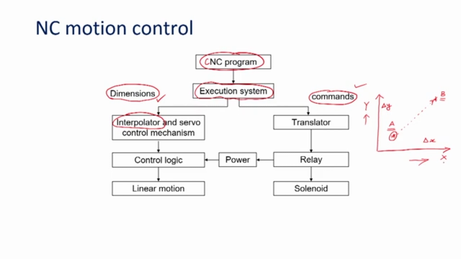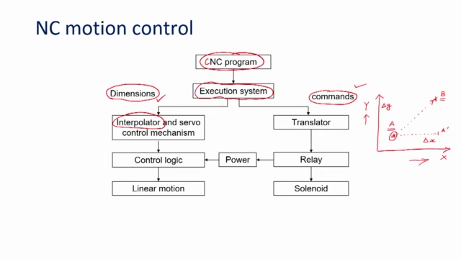So, when we are moving from A to A dash, the motor Y is not working, only motor X is working. When we are moving from A dash to B, motor X is not working, motor Y is working. But if we allow motor X and motor Y to run with the same feed, then we may reach from point A to point B.